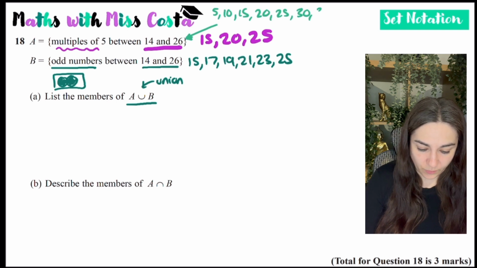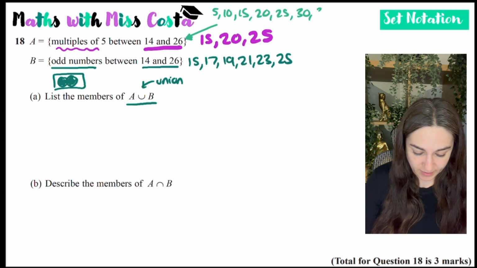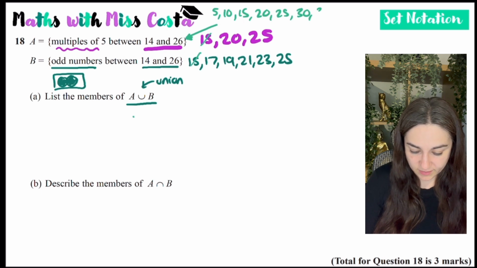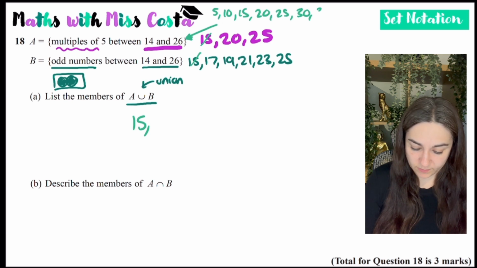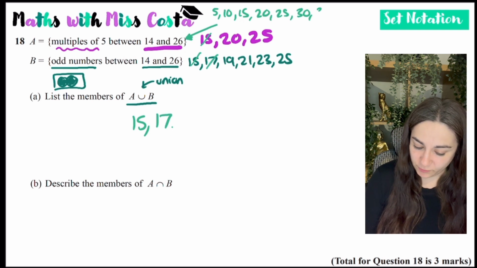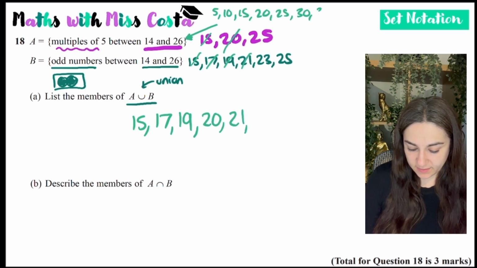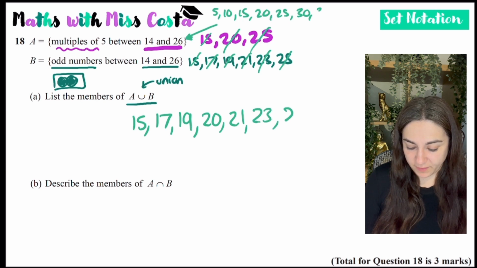So what you want to do is say, okay, the members of set A, you've got 15, and we'll just do it not chronologically, in ascending order. So you've got 15, then you've got 17, then 19, then 20, then 21, 23, and finally 25.